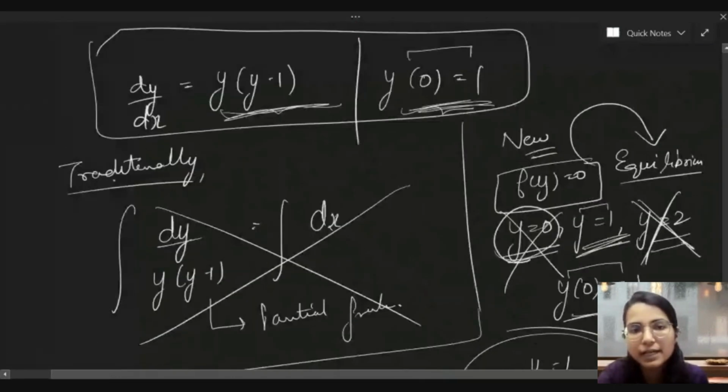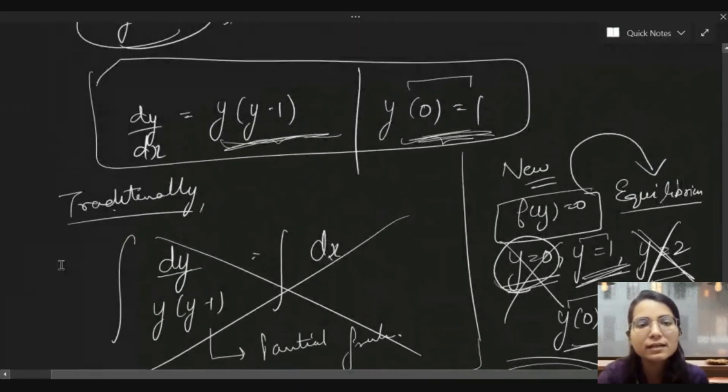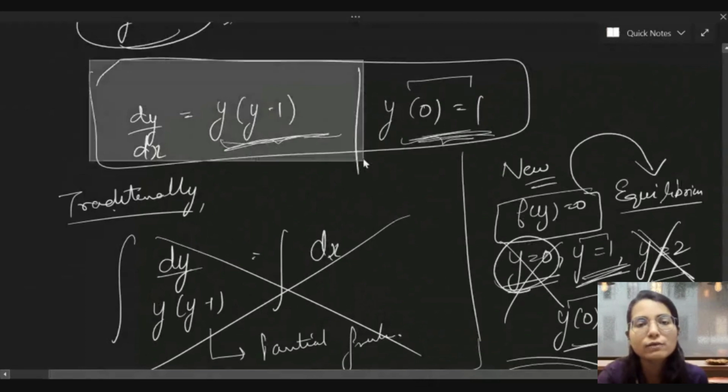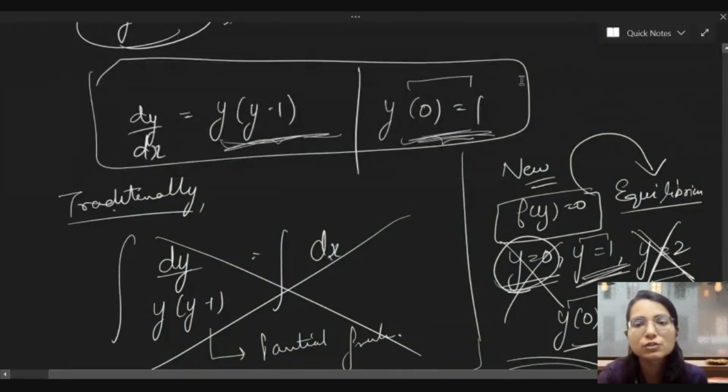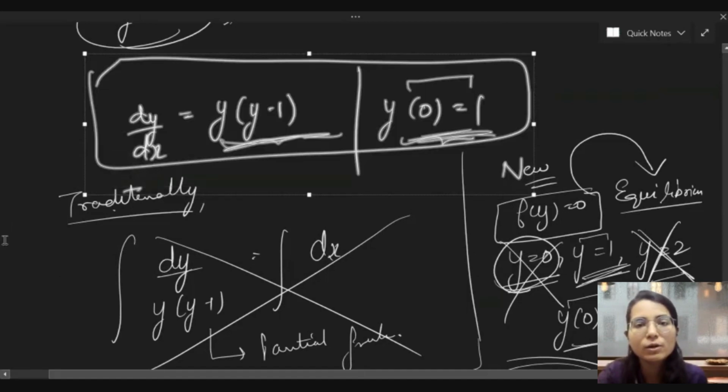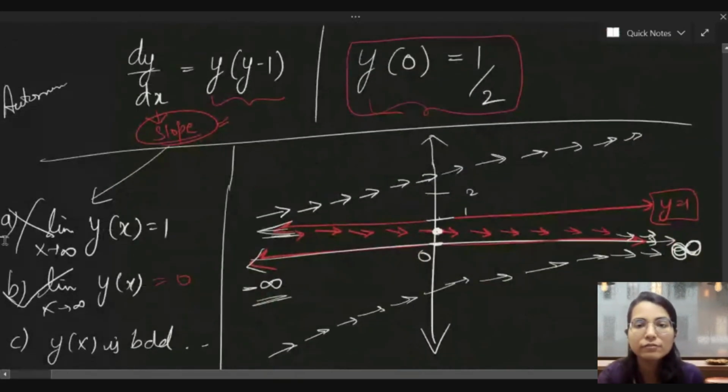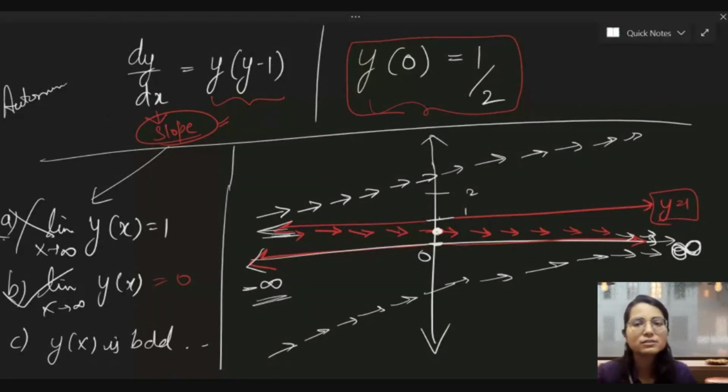For example, in earlier cases, I was saying that dy by dx is equal to y into y minus 1, but the given condition was on the equilibrium solution. Now, if the given condition is on a point other than the equilibrium solution points, that is 0 and 1, here it is 1 by 2. The condition is given at 1 by 2.